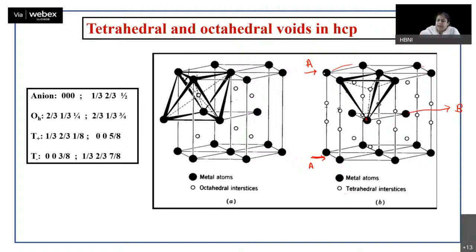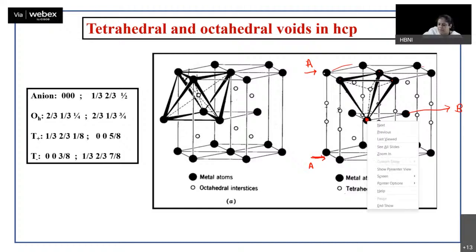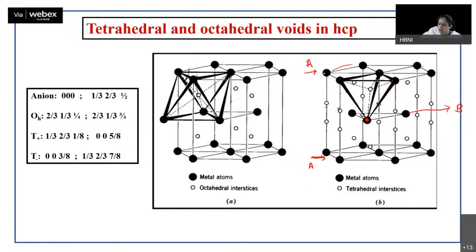Okay. Now, how does the tetrahedral void look like? This particular atom will be joined with 1, 2, 3. This is a tetrahedra. And now this is your tetrahedral hole.